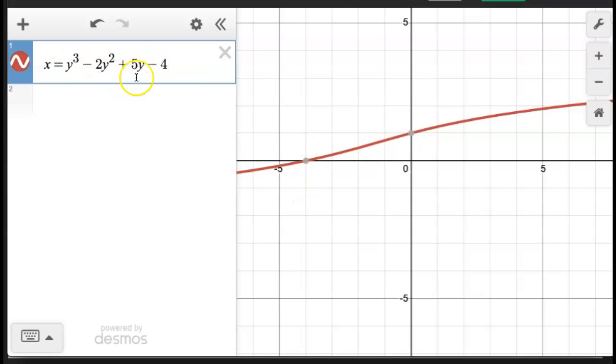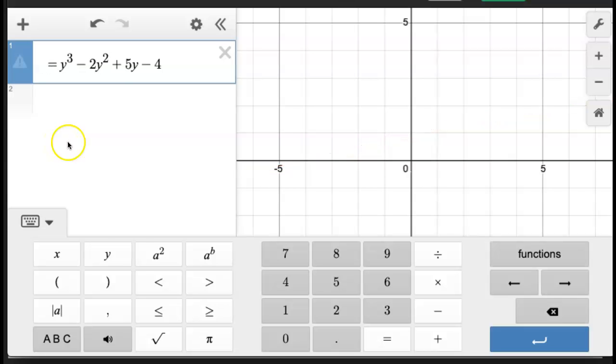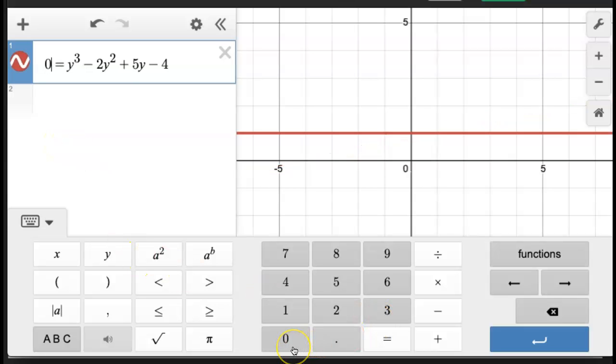Whenever you enter this equation right here, it always marks the intercepts for you, and we're interested in this one. Why? Because that's where x equals 0, and the equation is set to 0, right? I don't think it allows us to do 0 equal, yeah, see, it goes crazy. Well, actually, it doesn't go crazy.